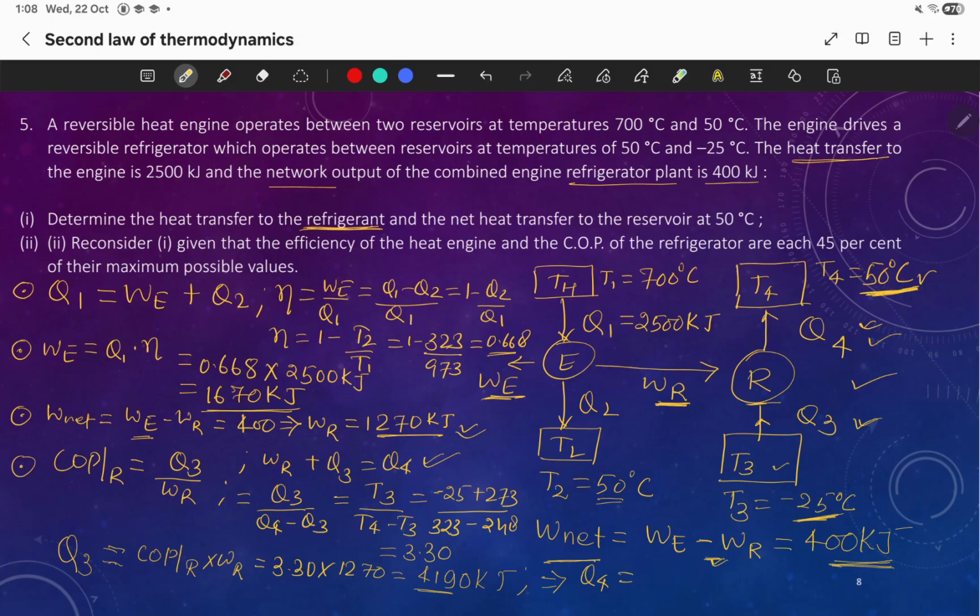So WR is 1270, and Q3 is 4190. We will get 5460. Okay, so this is the Q4 value in kilojoule.